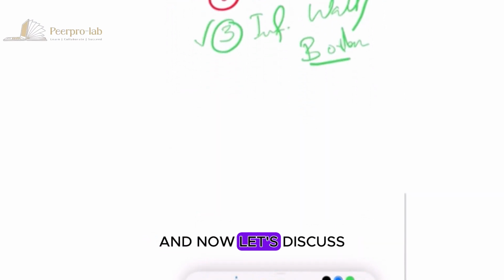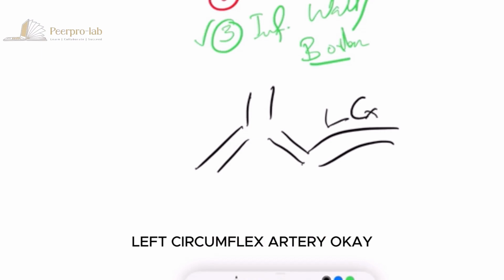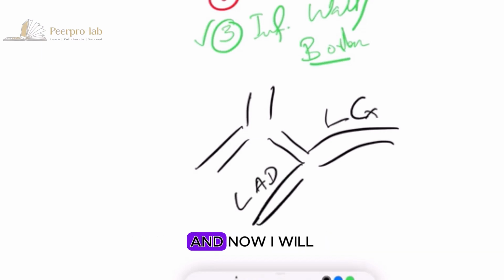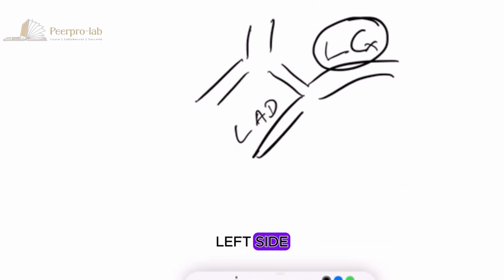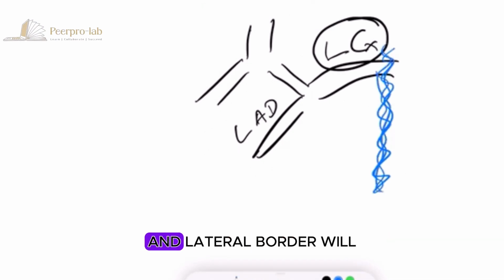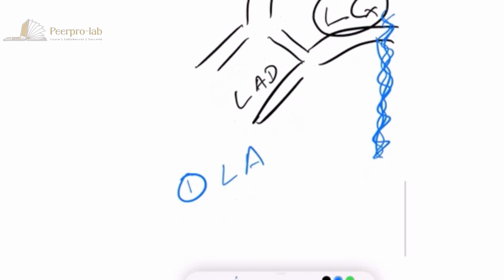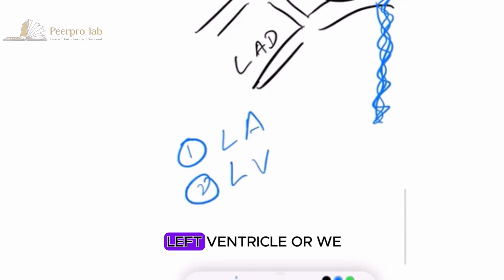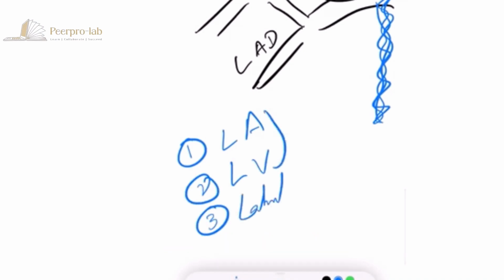And now let's discuss the last artery, that is the left circumflex artery. Okay, this was LAD, and now I will talk about the left circumflex artery, because it is going to the left side and it will supply the lateral border, and the lateral border will include the left atrium and the left ventricle, or we can say the lateral wall.